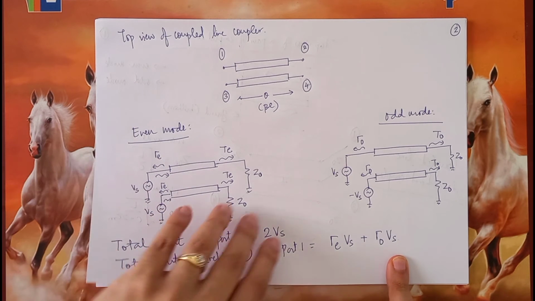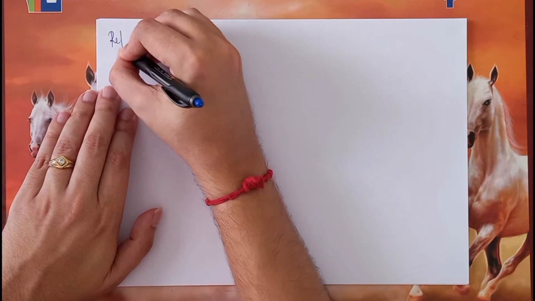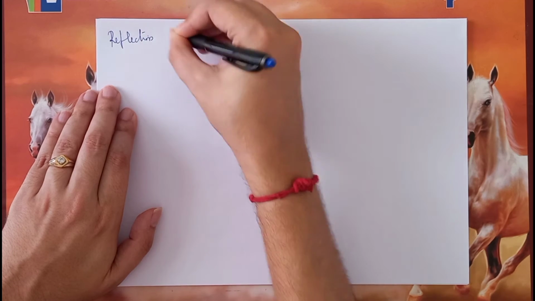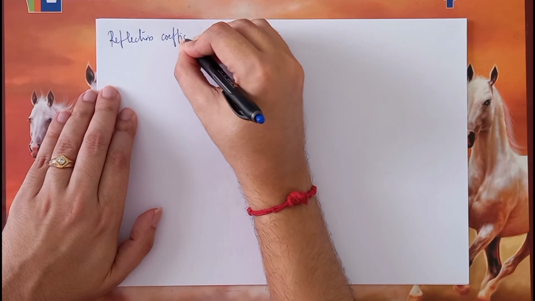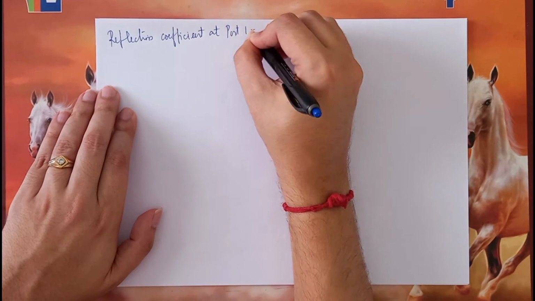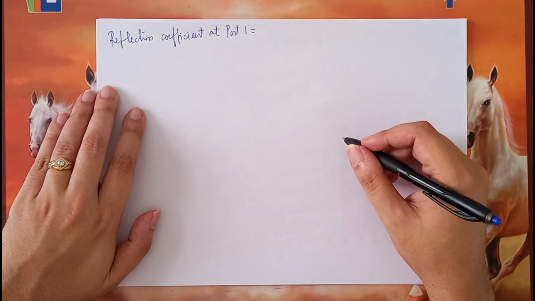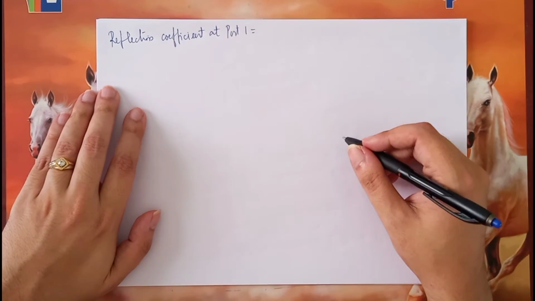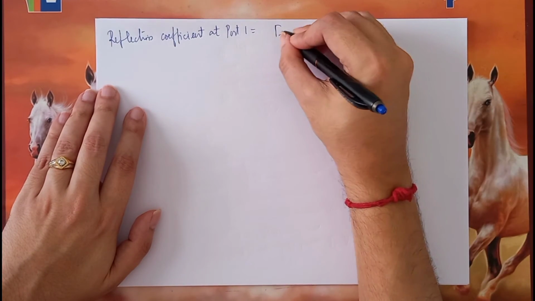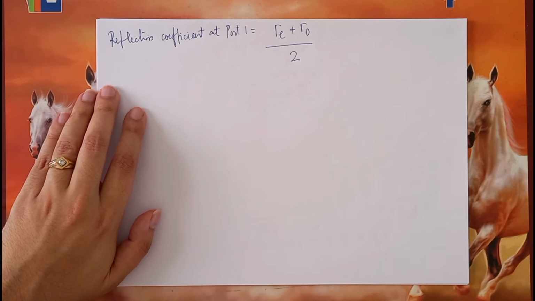So I can say that the reflection coefficient at port 1 is nothing but the outgoing voltage divided by the incoming voltage. So it is nothing but gamma E plus gamma O by 2, because Vs and Vs will get cancelled.